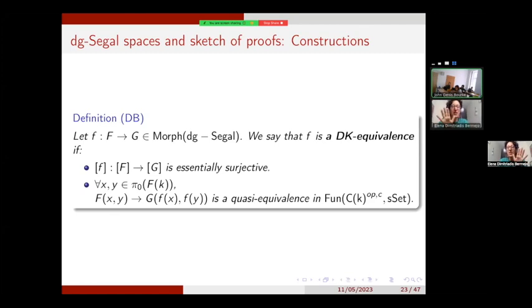So let me try and define all the things that I am using in this definition.